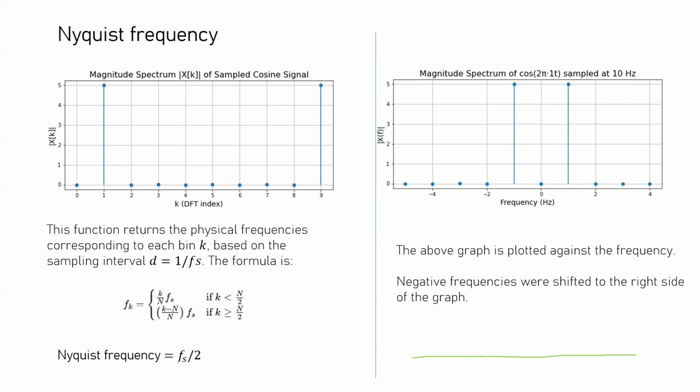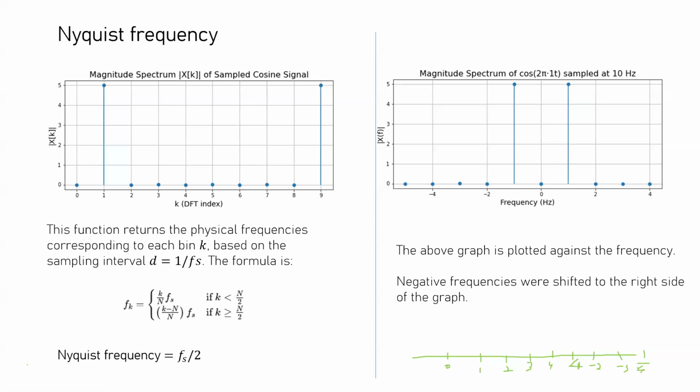So you will find 0, 1, 2, 3, 4, and then -1, -2, -3, and -4. Oh, other way around, sorry.